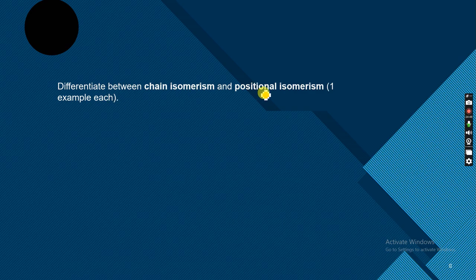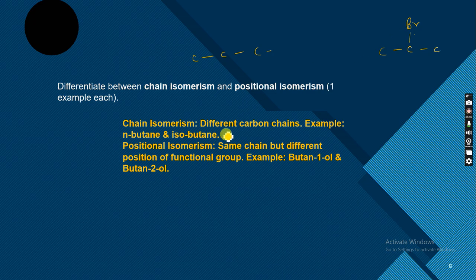Differentiate between chain and position isomerism. As I said, this is chain isomerism. And if the position changes, like in bromopentane which we have done, where the functional group's position is changed, that comes under positional isomerism. Chain isomerism is where different carbon chains are there, for example n-butane and isobutane. Position isomerism is the same chain but a different position of the functional group, as in this case, or if you put butan-1-ol or butan-2-ol.